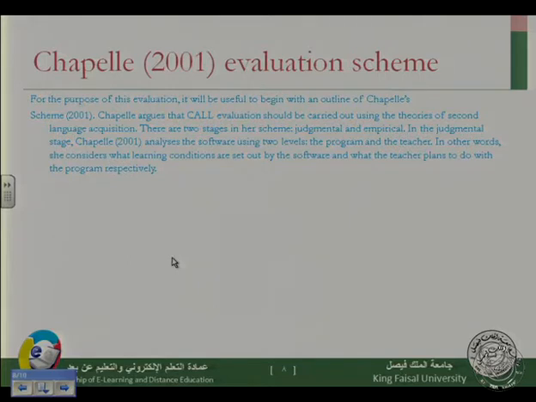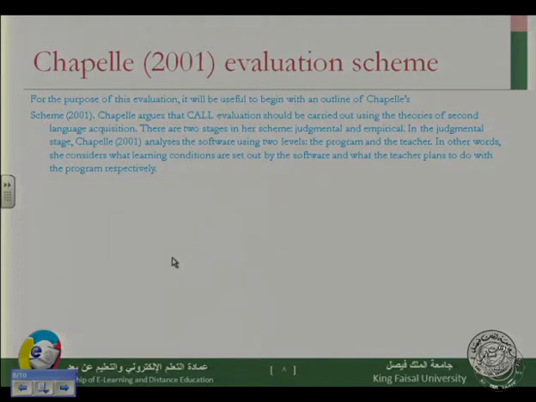The second stage is empirical. To confirm your judgment, you need to implement the software and then see whether your judgment is correct or not. Because sometimes you judge something, but when you use it, you see different outcomes. So these two stages are very, very important.